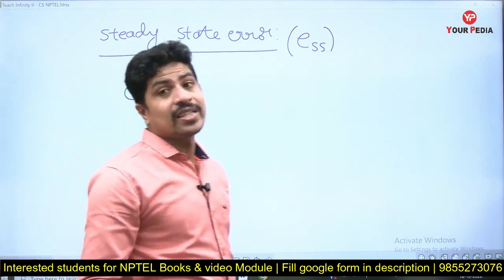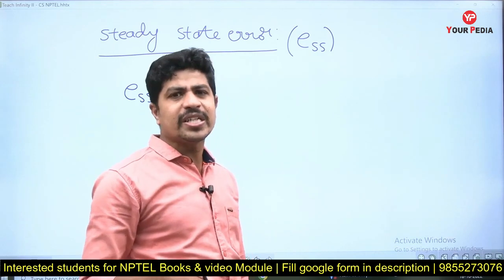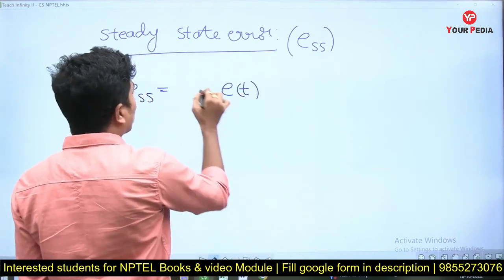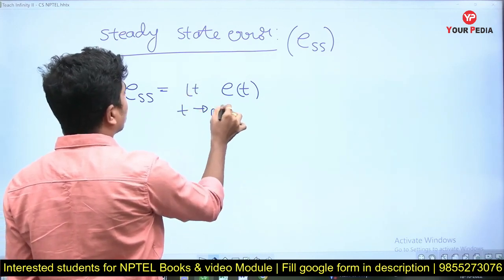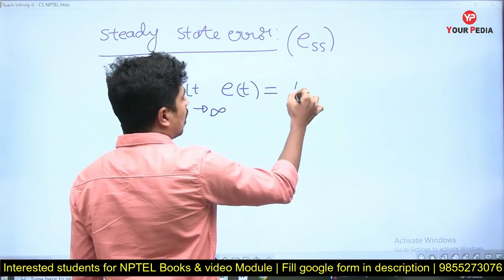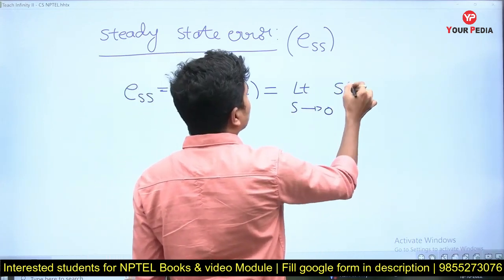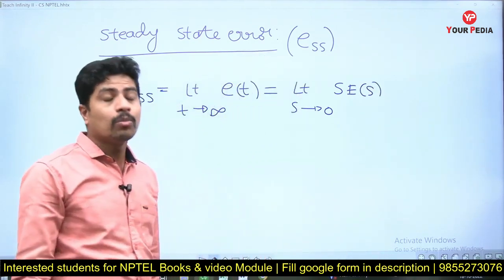The name itself says steady state error: the value of the error at steady state, when t tends to infinity. Both formulas will give the same answer.